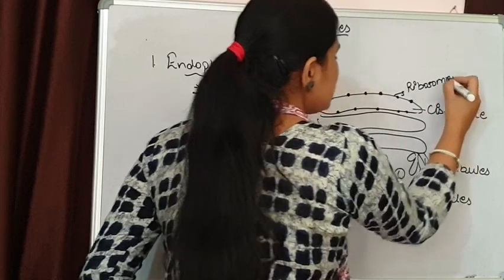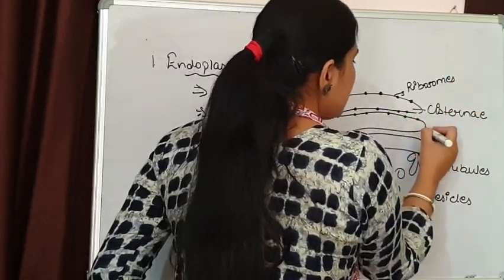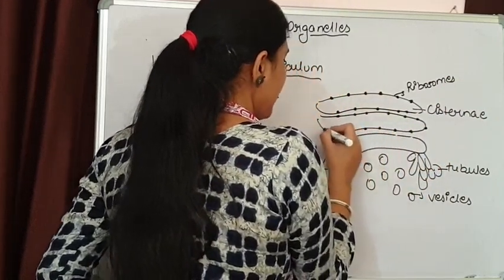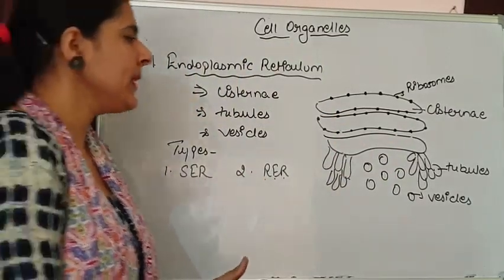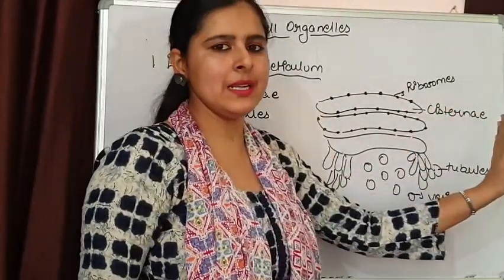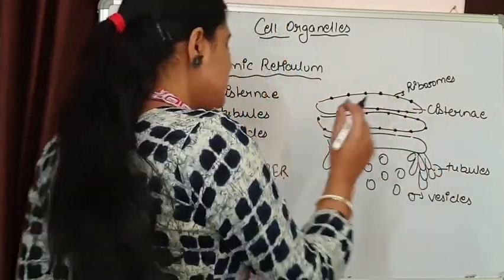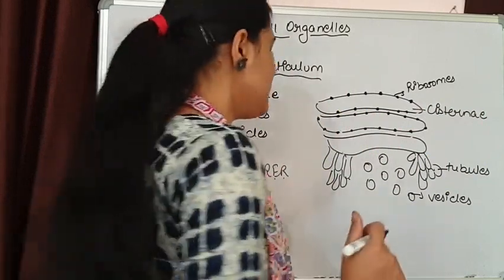Because of the presence of ribosomes on their surface, they appear rough. That's why we call them rough endoplasmic reticulum. But in smooth endoplasmic reticulum, ribosomes are not present and the cisternae appear smooth. So this is the difference between smooth and rough endoplasmic reticulum.